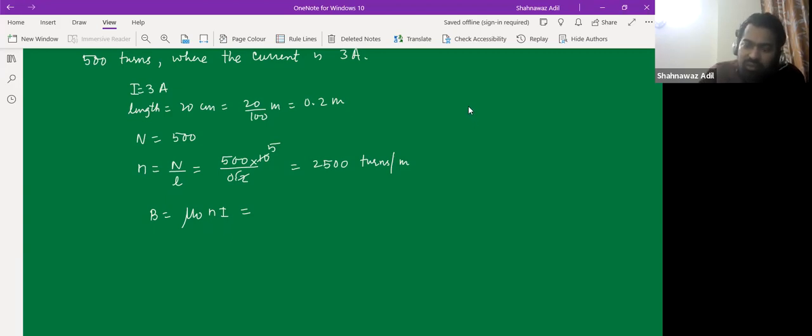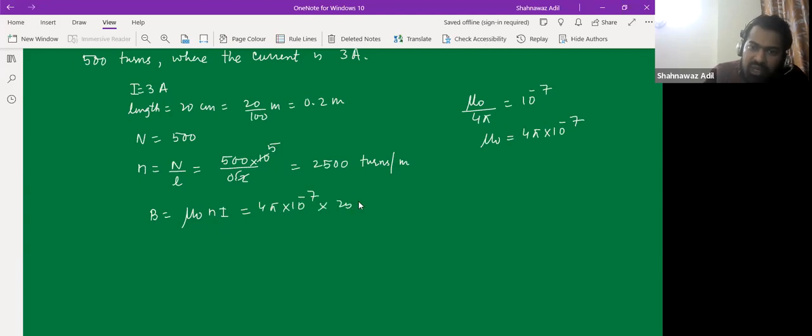Mu naught by 4 pi is 10 to the power minus 7, so mu naught is 4 pi into 10 to the power minus 7. n is 2500, and I is 3 amperes. And this would be in Tesla.